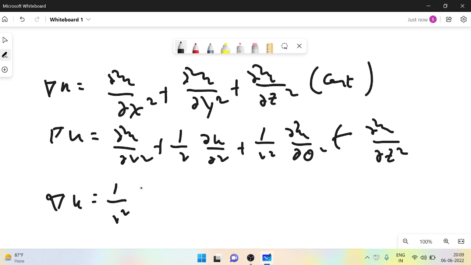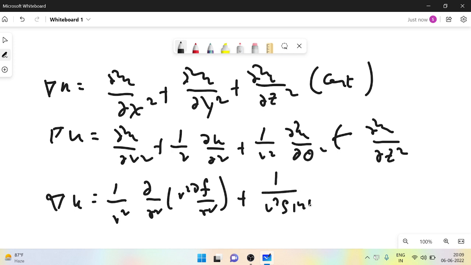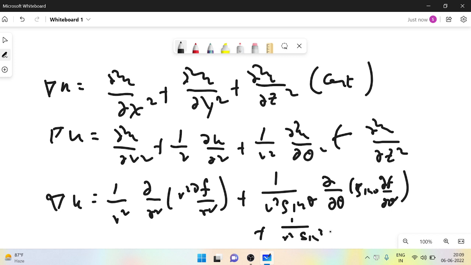One over r squared times the partial with respect to r of r squared times the partial of f with respect to r, plus 1 over r squared sin theta times the partial with respect to theta of sin theta times the partial of f with respect to theta, plus 1 over r squared sin squared theta times the second partial of f with respect to phi. This is the Laplacian in spherical coordinates.